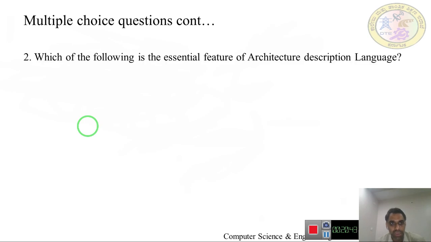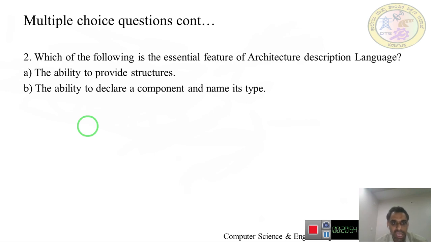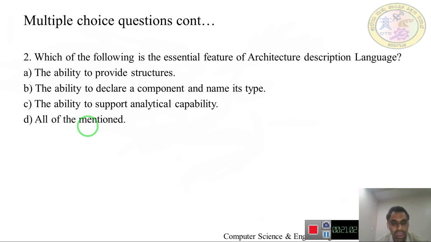Second question would be, which of the following is the essential feature of architecture description language? So the options would be: ability to provide structure, the ability to declare a component and name its type, the ability to support analytical capability, and fourth one would be all of the mentioned.